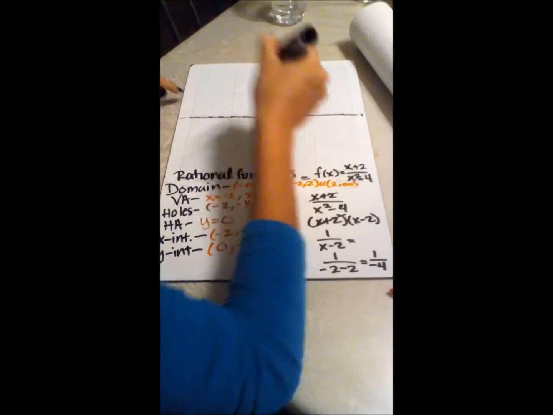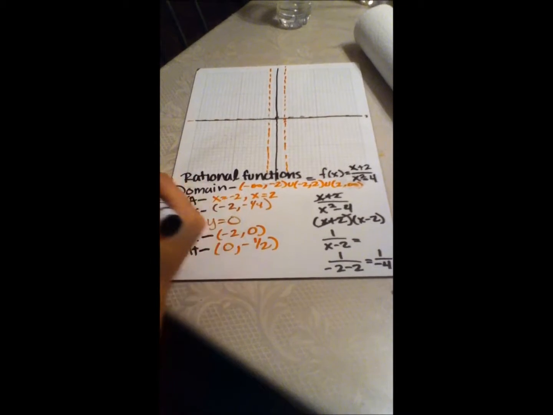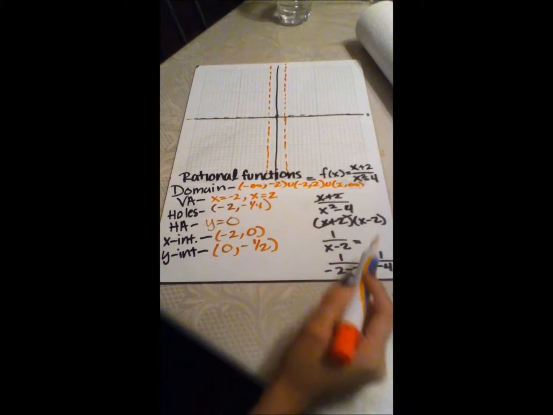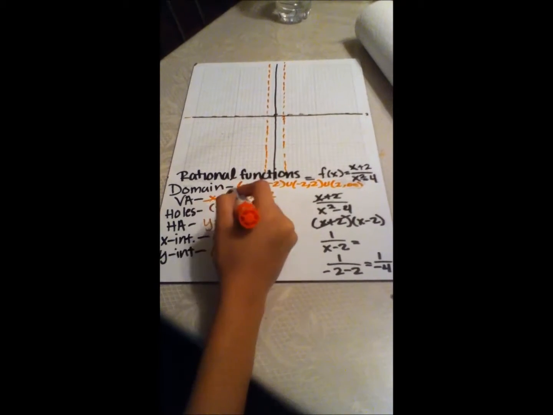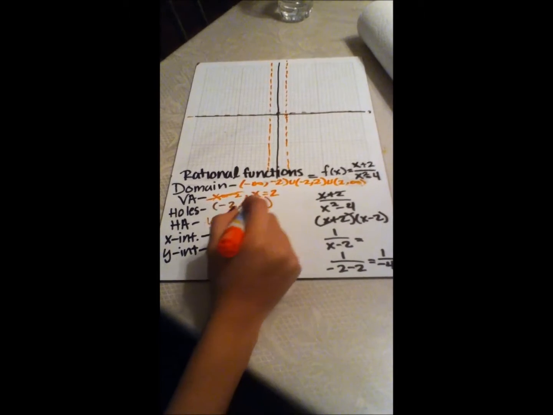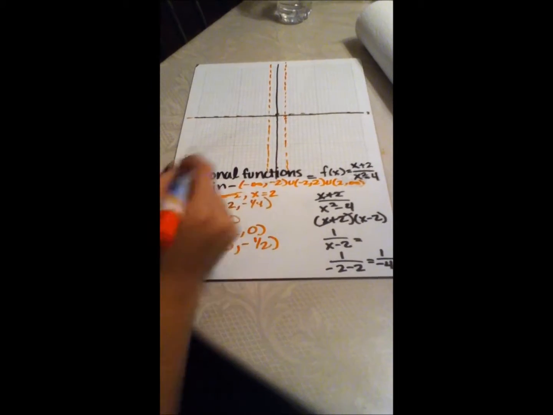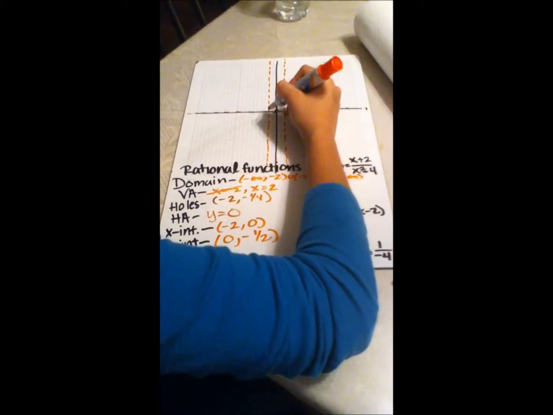And you get rid of one of the vertical asymptotes, for the fact that you plugged in the negative 2, so you get rid of this one. So you end up having one vertical asymptote, which is x equals 2.